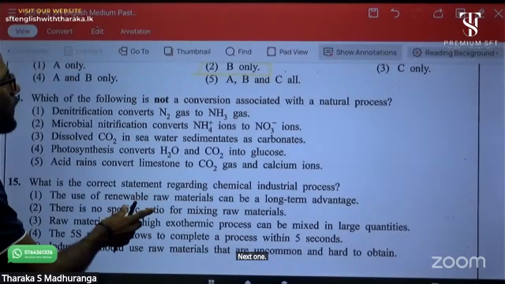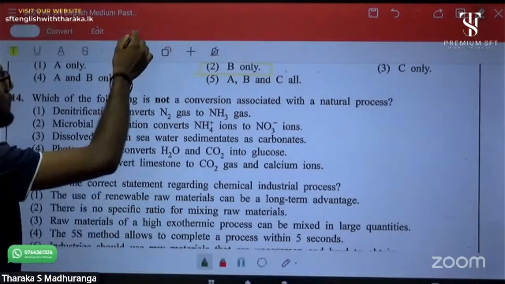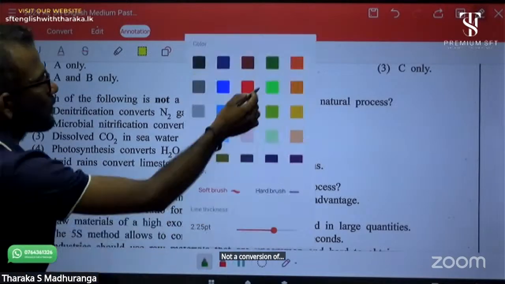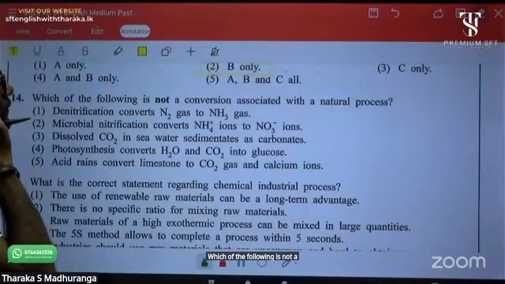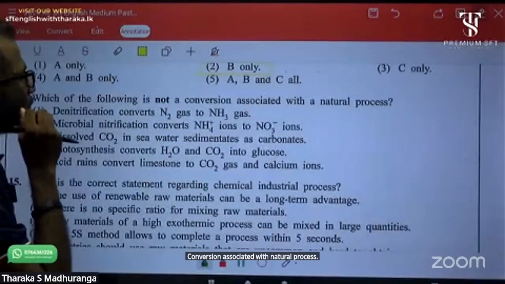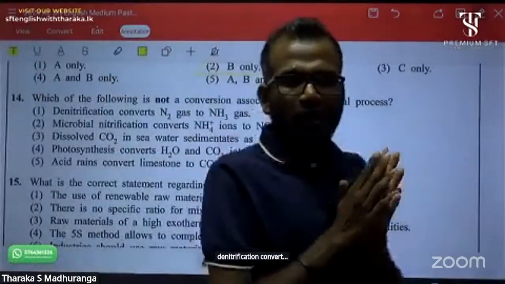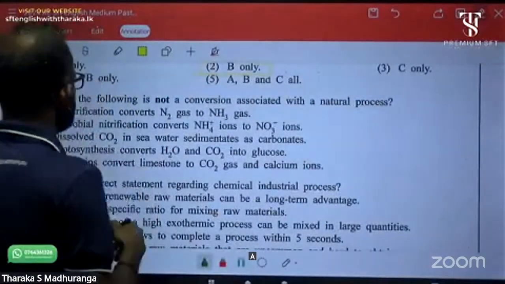Which of the following is not a conversion associated with natural processes? Denitrification converts nitrogen gas to ammonia gas.